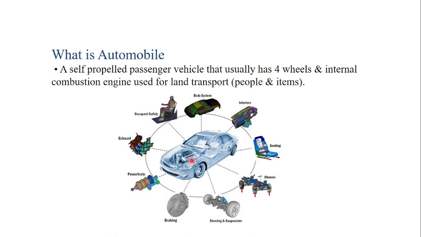This is an example of an automobile. This is a car. These are the many items or parts required for the complete setup of this vehicle. First, occupant safety must be provided, then the body system and the interior part and seating arrangement for comfort, and the chassis, and the steering and suspension.